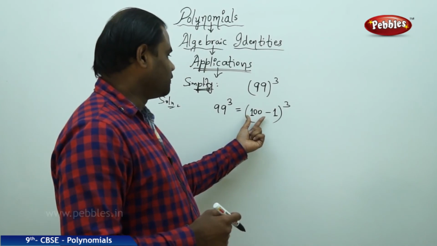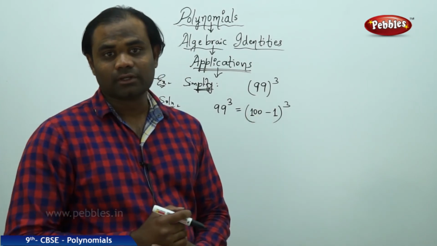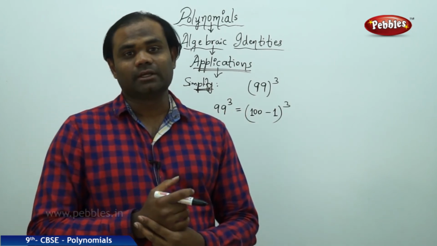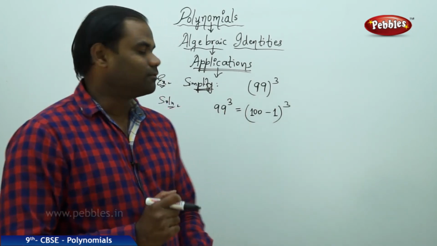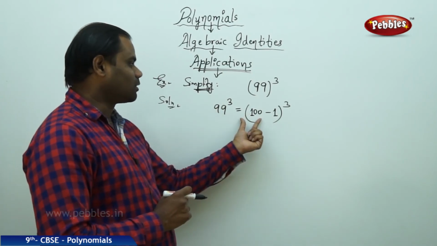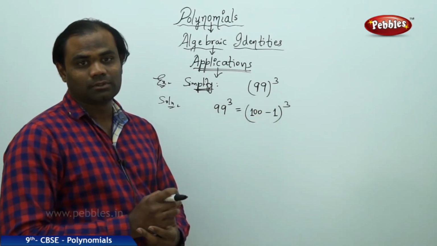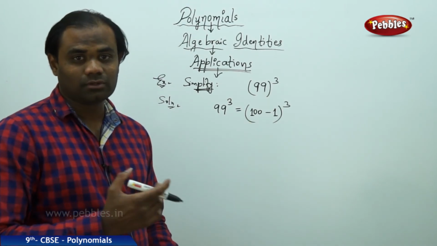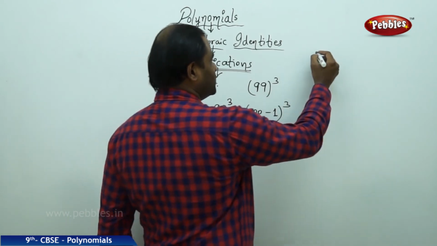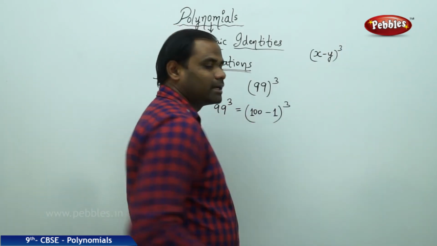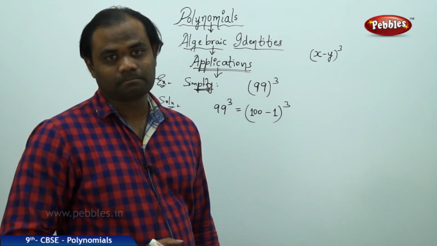So here the fixed standard number is 100, which is taken to convert the given number 99 in terms of 100. Therefore, the 99 cube can easily be written as 100 minus 1 whole cube. Now, once this is converted into 100 minus 1 whole cube, we see that immediately it gets compared with the identity x minus y whole cube.